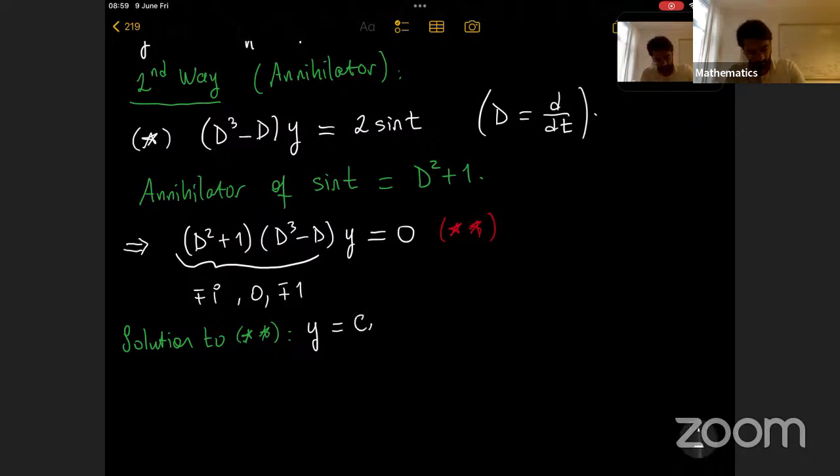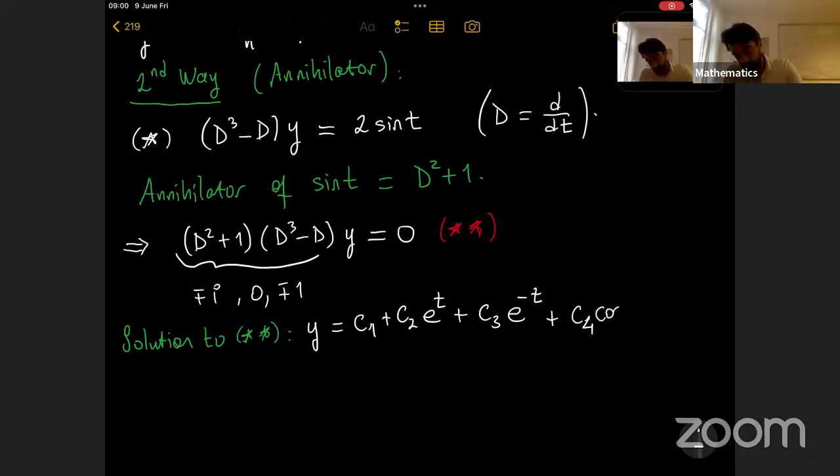C1 plus C2 e to the t plus C3 e to the minus t. And coming from plus minus i, we have C4, and remember, i gives you a complex solution, e to the it, and this gives you two real solutions, cosine t and sine t.